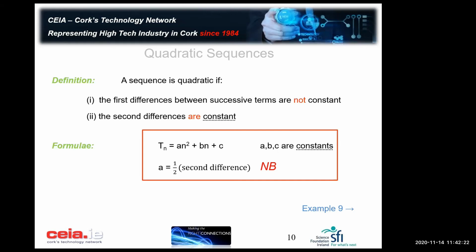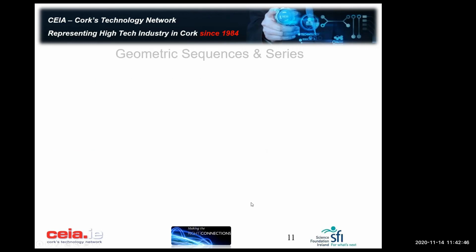T of n is equal to an squared plus bn plus c. You're not going to know a, b, or c, but you are going to know the values of different n's because you'll be given some terms. So you slot them in, and you won't know a except that a is equal to half the second difference. So you have to remember that. Everybody that I work with forgets that a is equal to half the second difference.